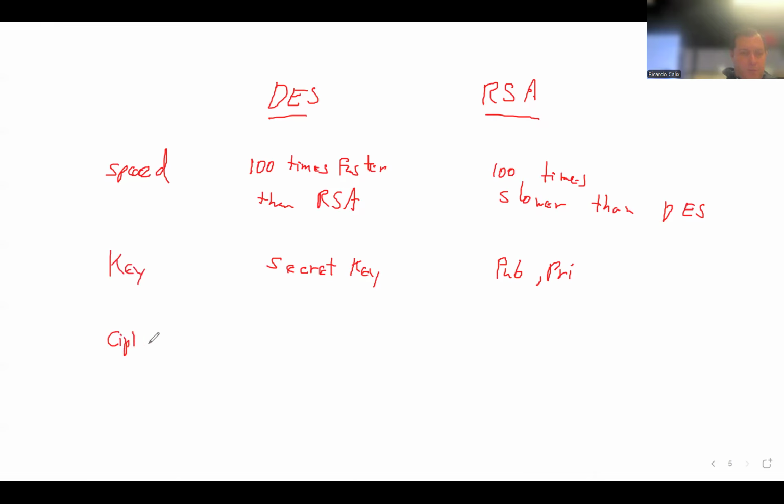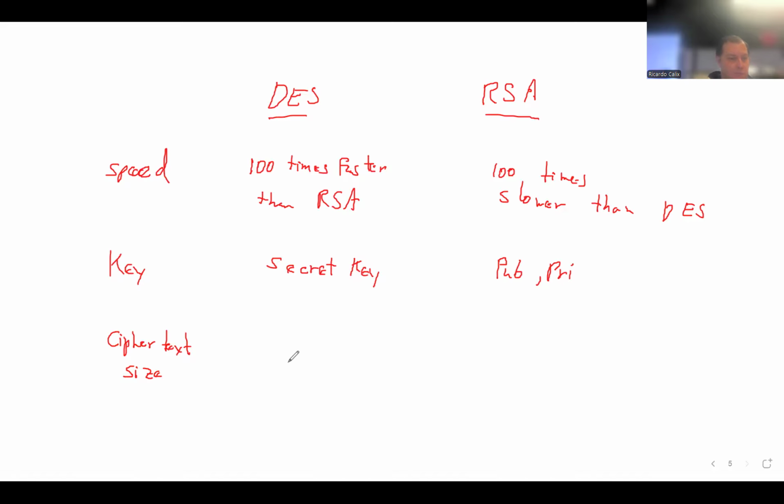So we take the plain text block, encrypt it with a key. We XOR it. Essentially, it comes out to the same. So cipher text has the same size as plain text.